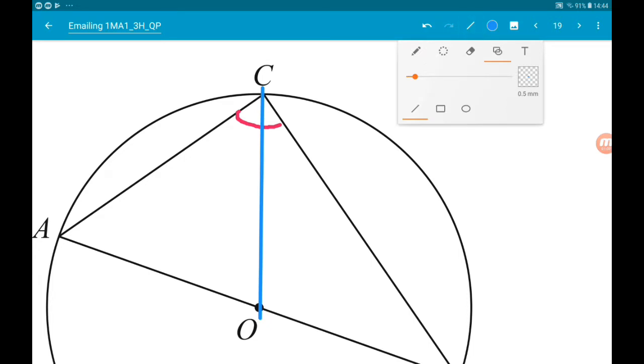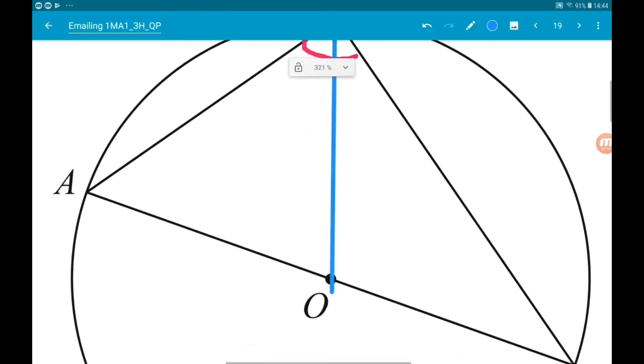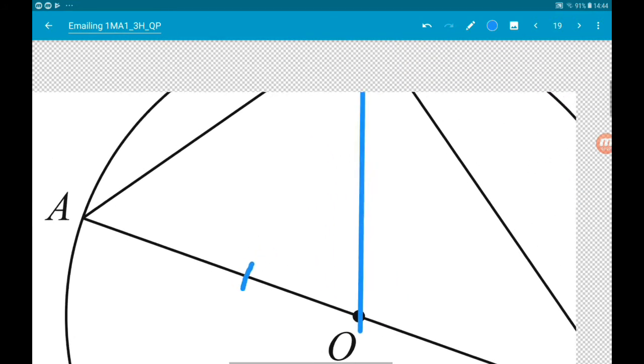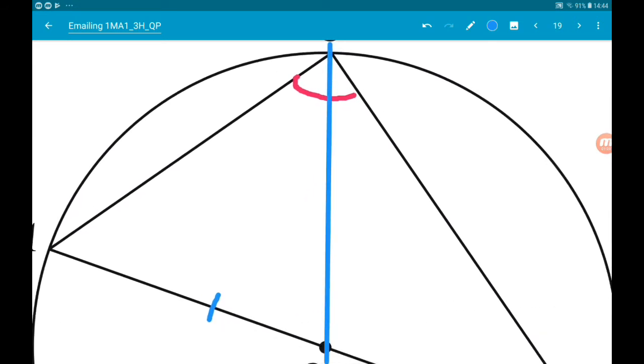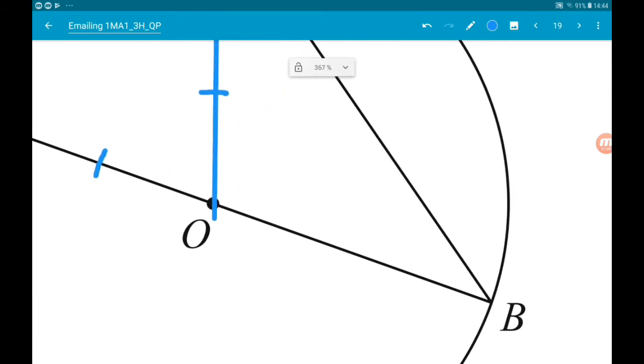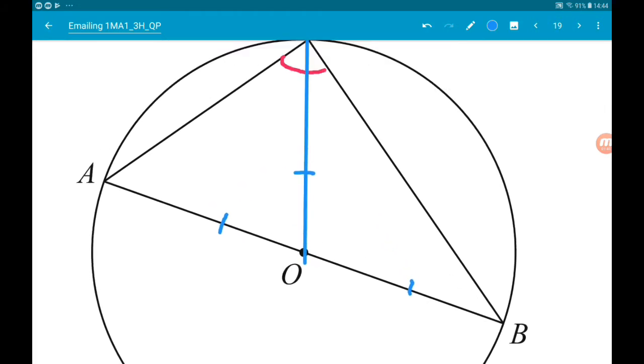Now, the reason that we do that is we've now created two isosceles triangles. So we know that OA is a radius, OC is a radius, and OB is a radius. So we have two isosceles triangles. Now they're not the same isosceles triangle.